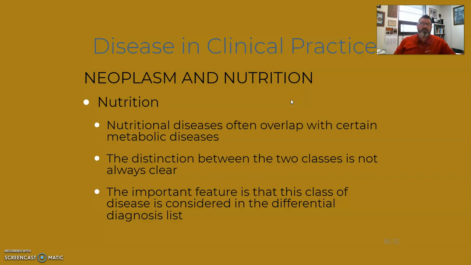Nutritionally, oftentimes you're going to see a ton of overlap here, nutritional with metabolic diseases. The distinction between the two classes in this text, I would suggest, is not very clear. So it's kind of hard to split the two, in my opinion, because oftentimes if you've got a nutritional problem, it will manifest itself in a metabolic manner. So if you are, for example, in ruminants, underfeeding the amount of fiber in the diet, that's a nutritional problem.